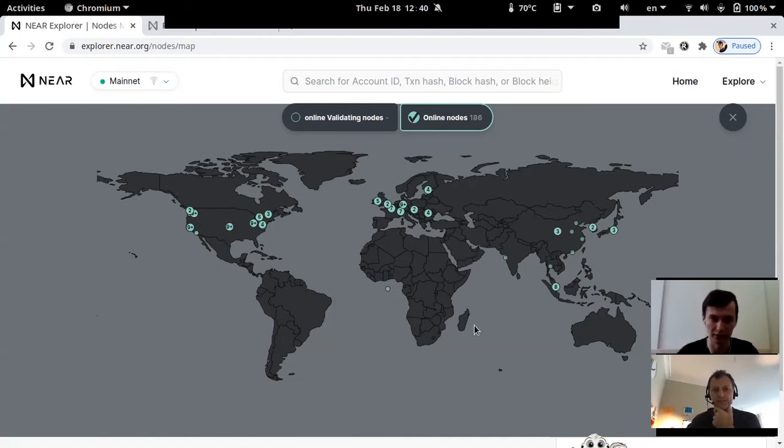It's a bug. We should filter them out, but just keep that in mind. It's just for representation, to see how distributed the network is. We currently don't see anybody in this hemisphere, nor in Australia, nor in South America, and Africa is also underrepresented.